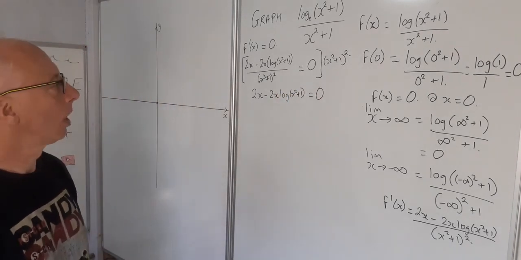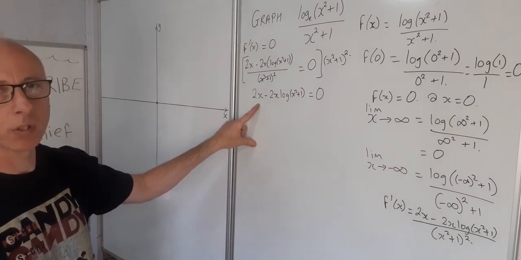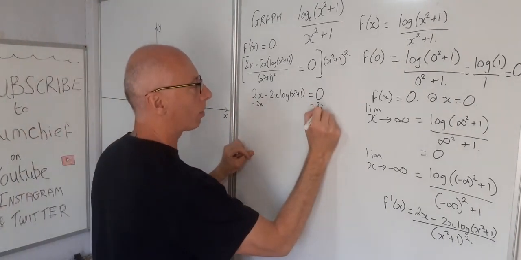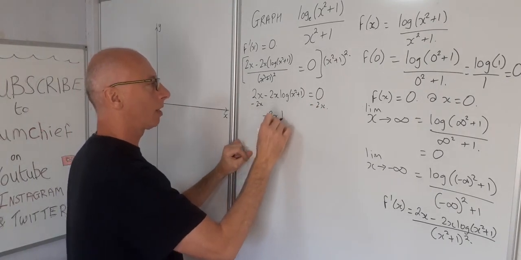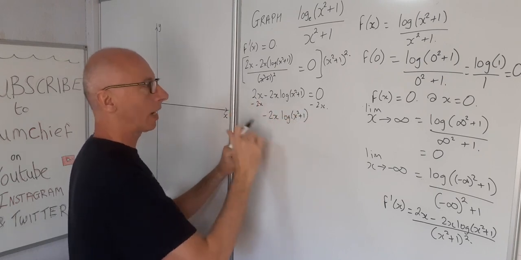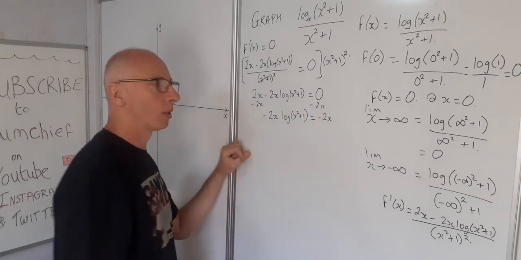I'm going to leave those brackets out this time. Okay, now I'm going to subtract 2x from both sides. So minus the 2x here and minus 2x here. That's going to leave us with minus 2x log of x squared plus 1. These two are going to cancel out, and that's going to set us equal to minus 2x.